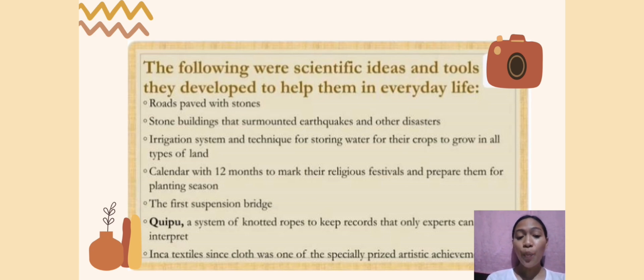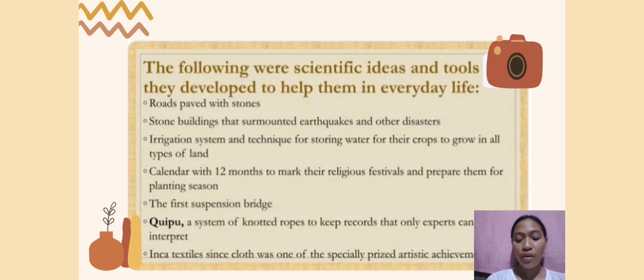And this quipu is a system of knotted ropes to keep records that only experts can interpret. The quipu is a cord made from cotton or wool. It is used to record numerical information such as population counts, taxes, and production data.